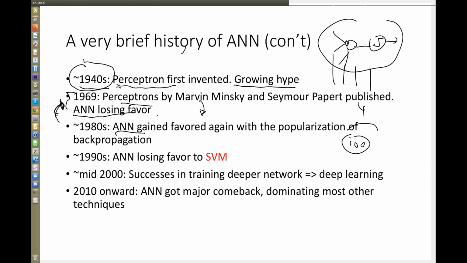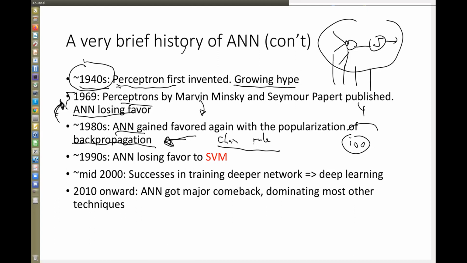That was because of the popularization of the backpropagation algorithm. This is not new. As you will see, it's nothing but calculus, just the chain rule in calculus. But people rediscovered it many times.